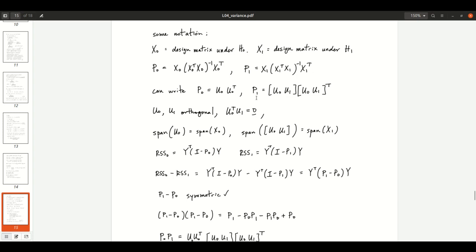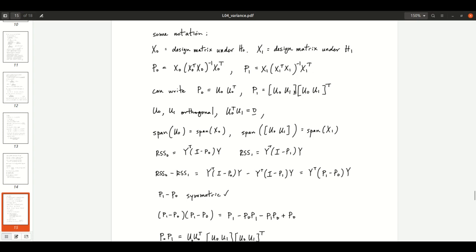So we can write P1 as [U0, U1], where U0 are the vectors we use to span X0, and U1 are whatever additional vectors we need to span X1. So P1 is [U0, U1] [U0, U1] transpose.